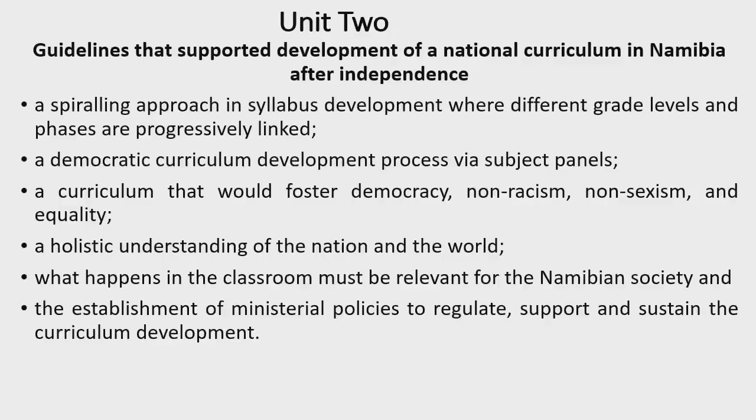They were guided by the spiral approach in syllabus development, where different grade levels and phases are progressively linked. They wanted to link the grade levels, so that if you are coming from grade 1, the level of grade 1 is linked to the level of grade 2. There is no gap. This is called articulation in the language of education: there is no gap between grade 1 and grade 2, or grade 7 and grade 8.